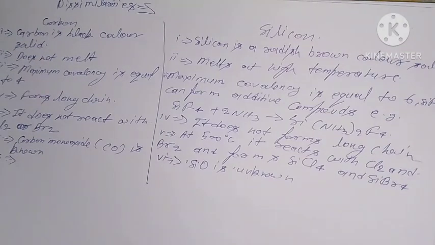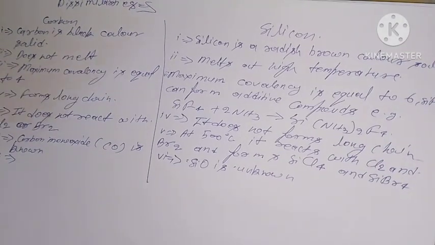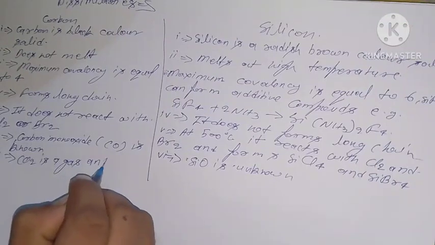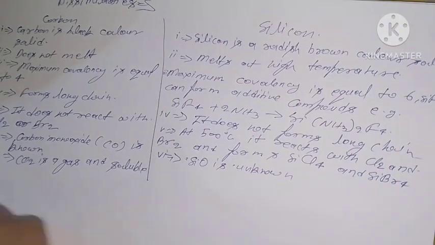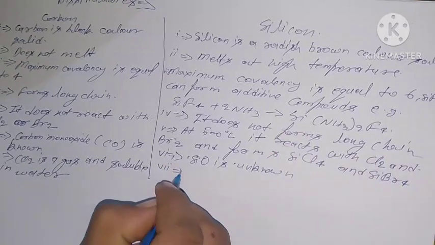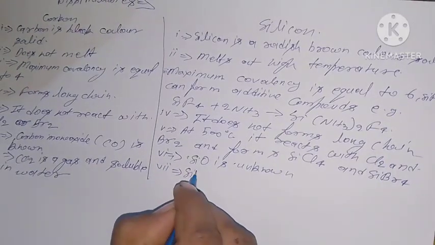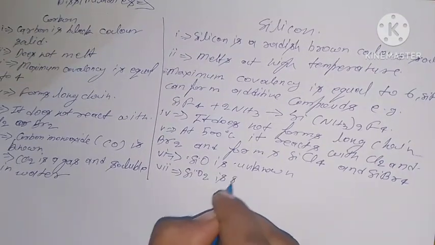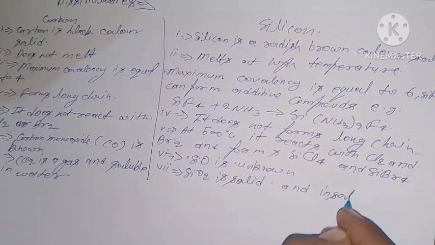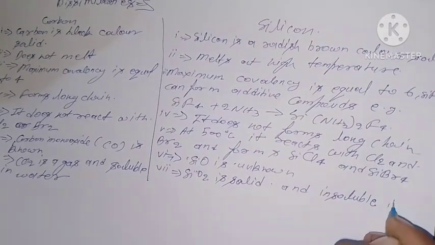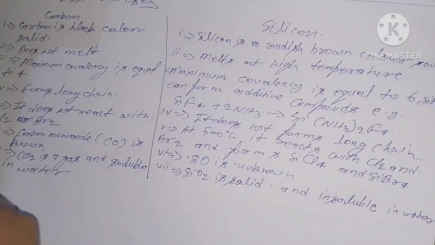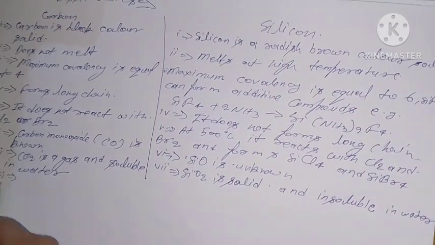Carbon dioxide is a gas and soluble in water, but silicon dioxide is a solid and insoluble in water.